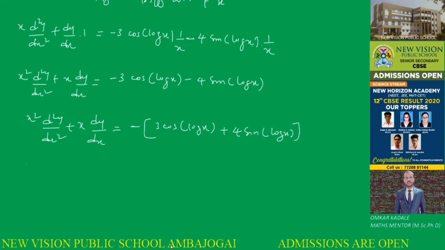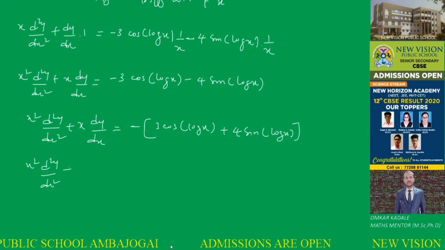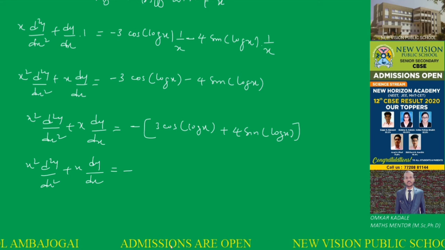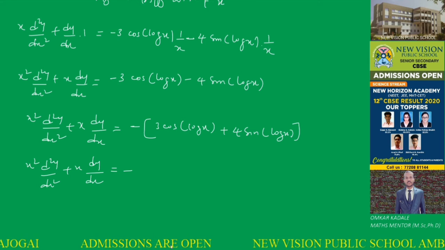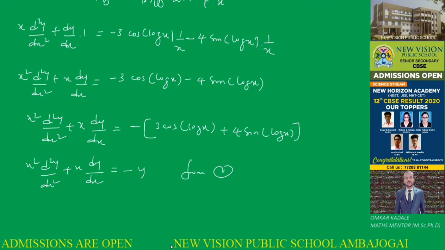So we can write it x square d2y upon dx square plus x dy by dx minus, here this whole term, which is equal to y, from equation 1 we can say, right?